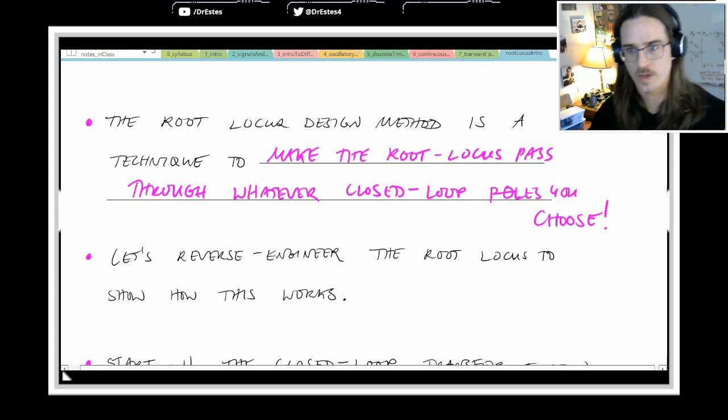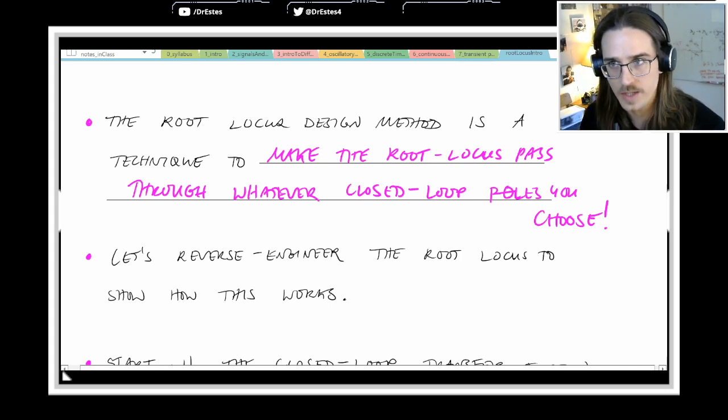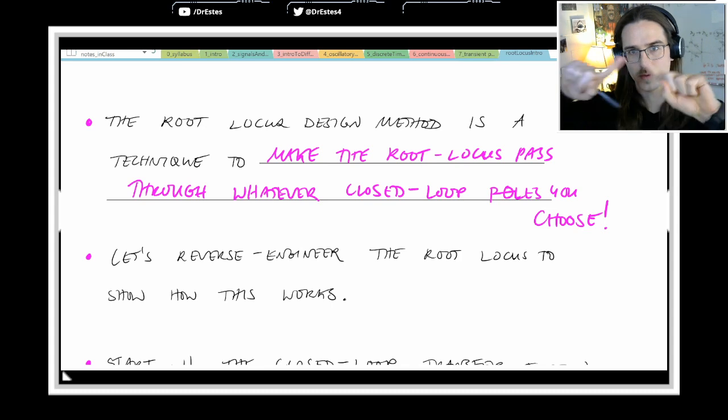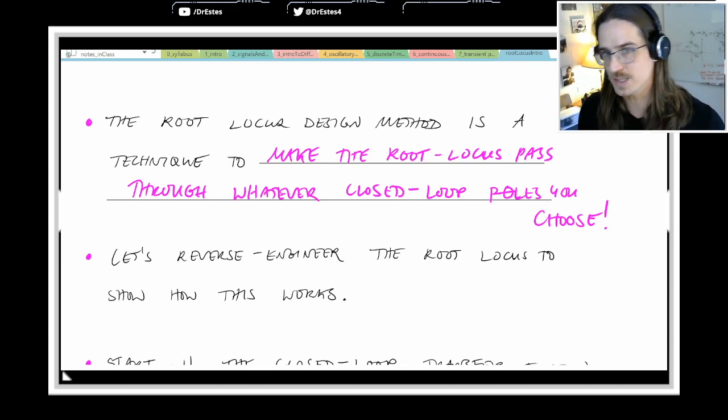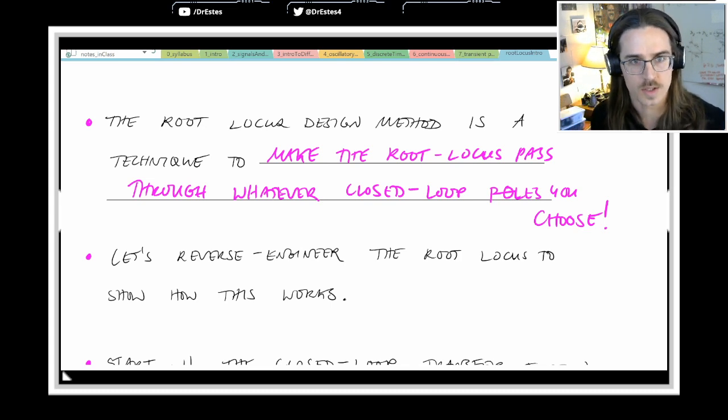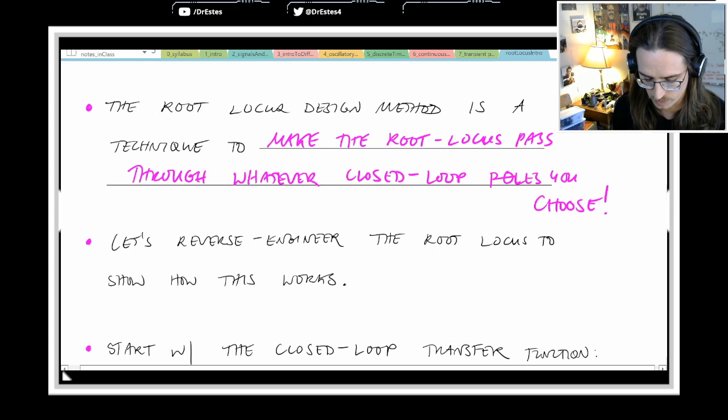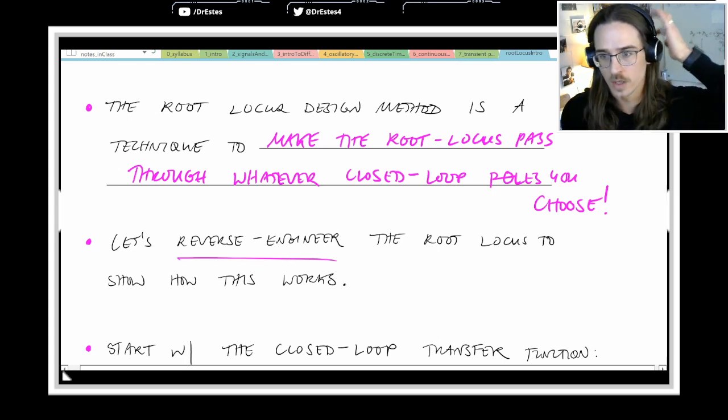And that's kind of why we call it the root locus design method. We're actually going to reconstruct where the root locus goes, what its shape looks like, to suit our needs. Which is cool. But to see how that works, we're going to reverse engineer the root locus.